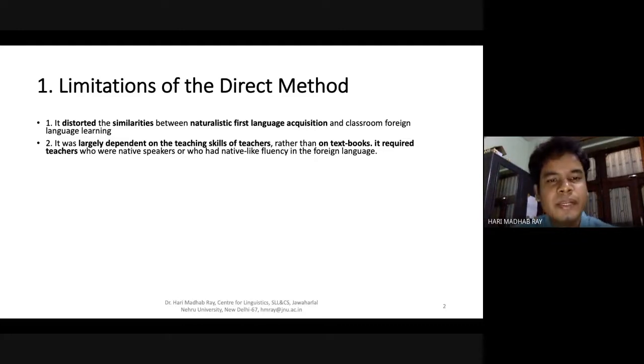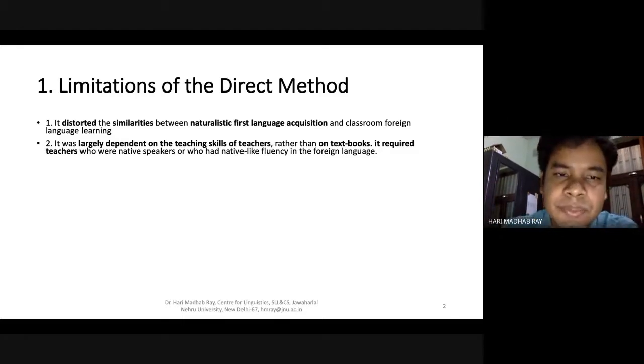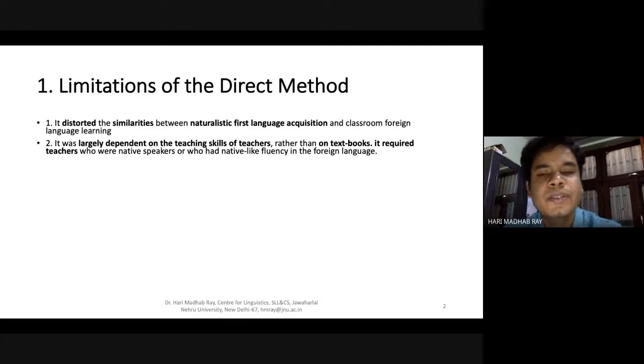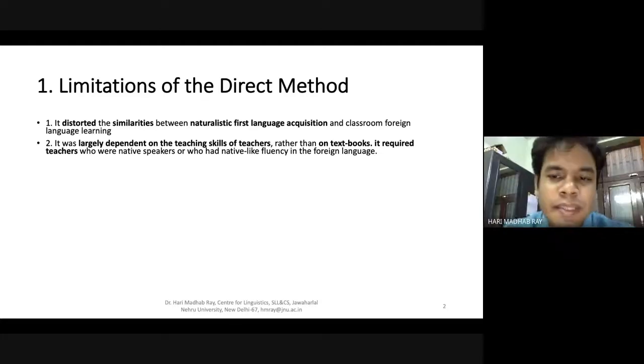It was largely dependent on the teaching skills of teachers, and so no focus was on textbooks. And so it required teachers who were native speakers or who had native-like fluency in the foreign language.